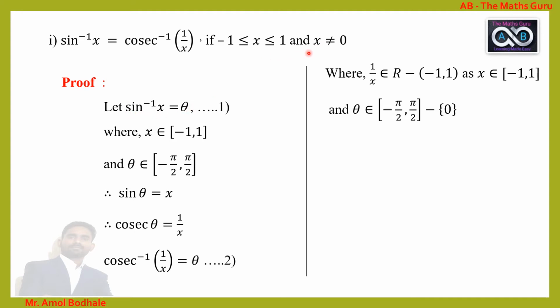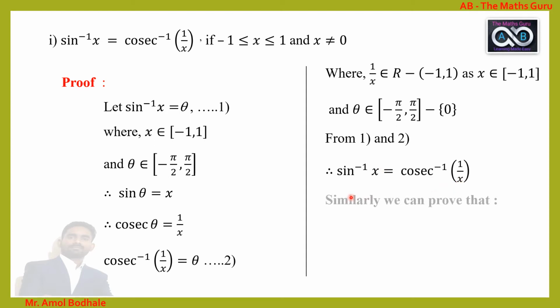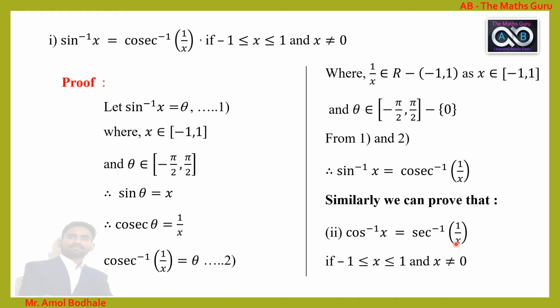As x is not equal to 0, obviously theta is also not equal to 0. So from the first and second we can say sine inverse of x is equal to cosec inverse of 1 by x, hence proved. Similarly we can prove cos inverse of x is equal to sec inverse of 1 by x if minus 1 is less than or equal to x, less than or equal to 1, and x is not equal to 0.